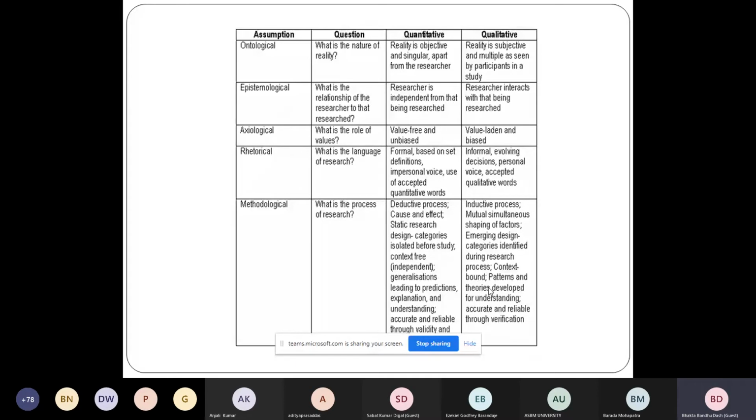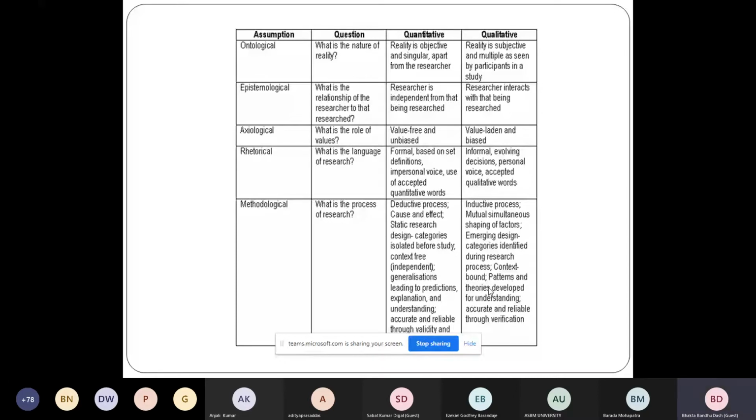These are all quantitative areas. And when it talks about the qualitative, ultimately it's more inductive. It is more mutual simultaneous shaping of factors. It is your own emerging design process, how you narrate it. Because the methodology you establish, the way you analyze, that is your own way of analysis. You are unique to that.